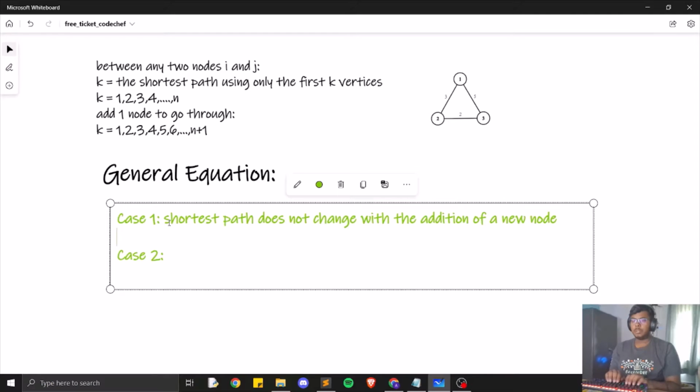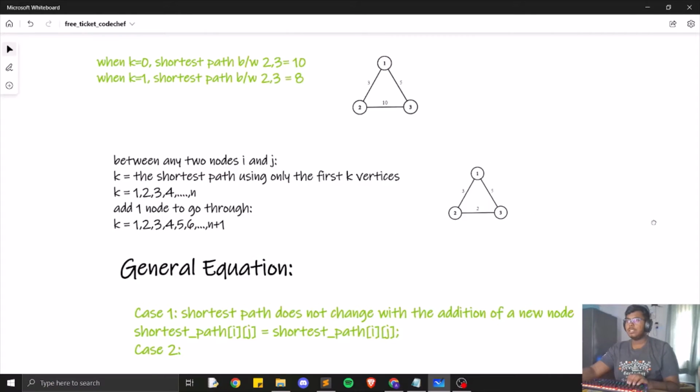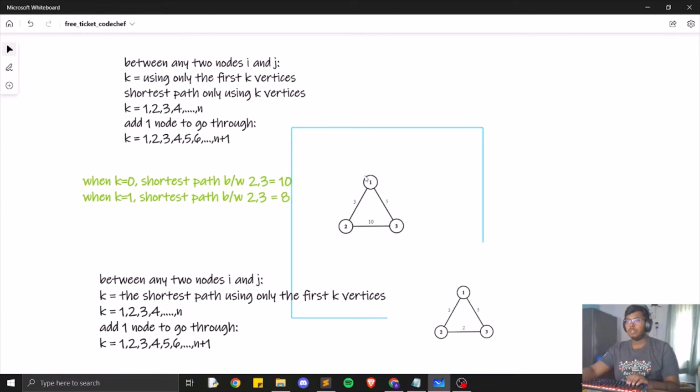Then the shortest path between i and j will eventually be the previous shortest path between i and j, without using the new node. And case 2 is when the shortest path does change with the addition of a new node, as we can see here. When we add node 1, when k equals 1, then the shortest path does change.